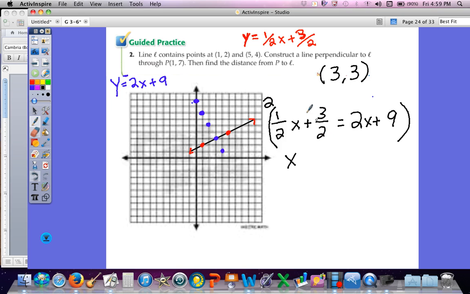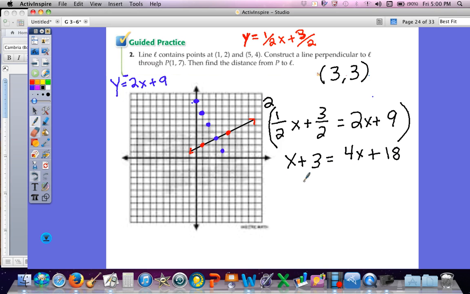The denominator is 2. 6 divided by 2 is 3. 2 times 2x is 4x. 2 times 9 is 18.